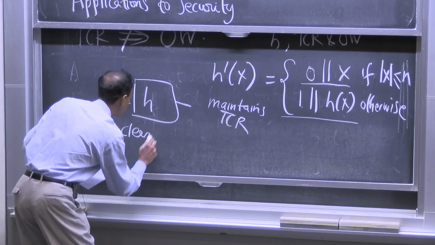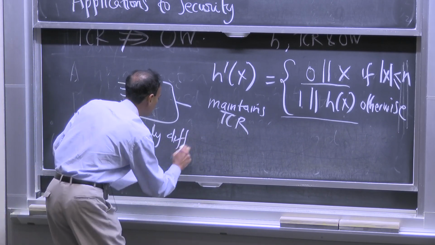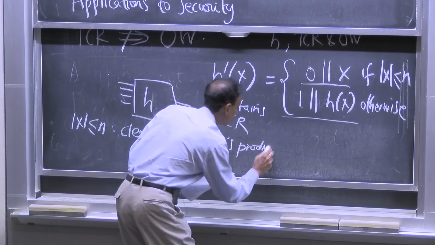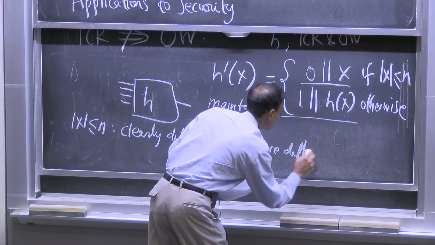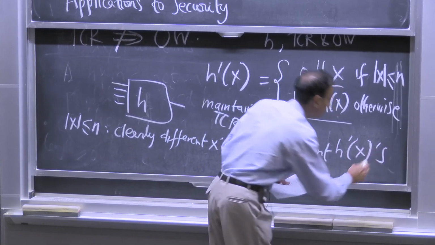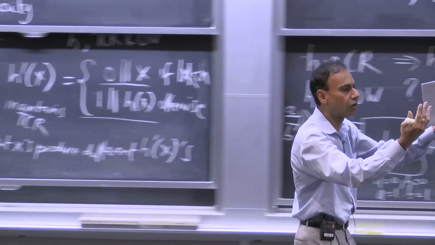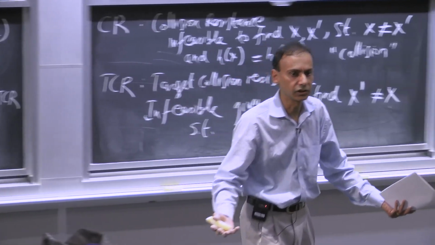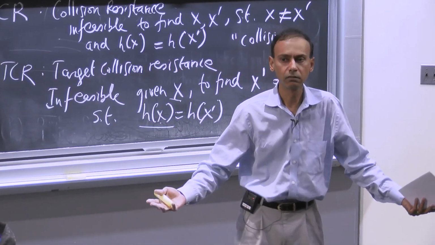And it's pretty clear that if x is less than or equal to n, clearly different x's produce different h prime x's. Correct? Because I'm just passing along the x out to the output. So if x is less than n, I am going to get different hashes at the output. I'm just passing them out. Right?